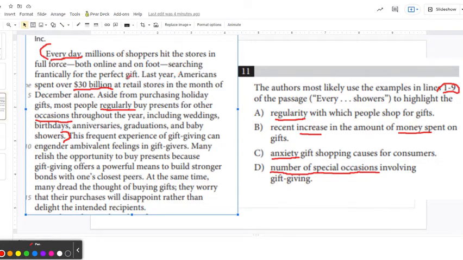Searching frantically for the perfect gift. Last year, Americans spent over $30 billion at retail stores in the month of December alone. Aside from purchasing holiday gifts, most people regularly buy presents for other occasions throughout the year, including weddings, birthdays, anniversaries, graduations, and baby showers.